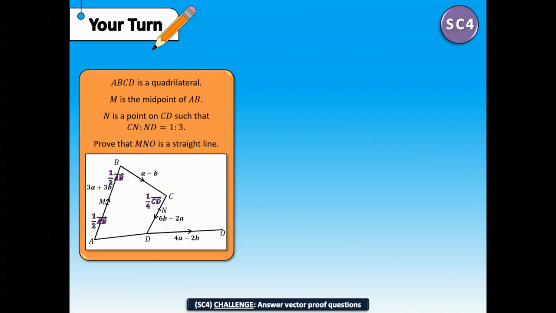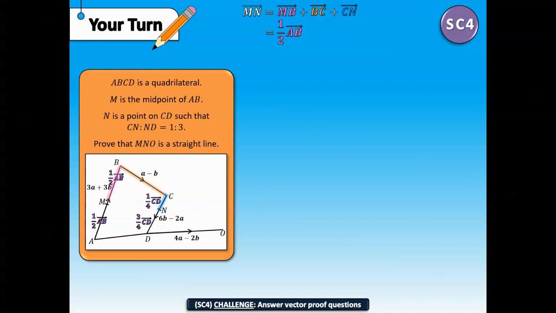CN is a quarter of CD, and ND is 3/4 of CD. So MN is MB plus BC plus CN.